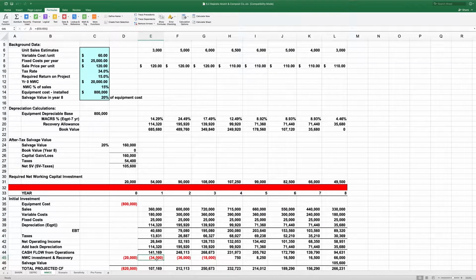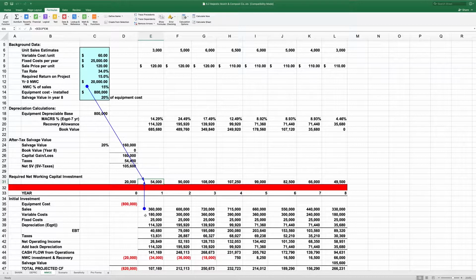I'm going to click the trace precedents. First I need to calculate 54, which is E31. E31 is the net working capital, which is 15% times the sales number. You get 54.